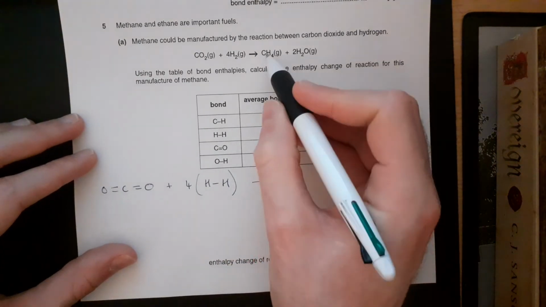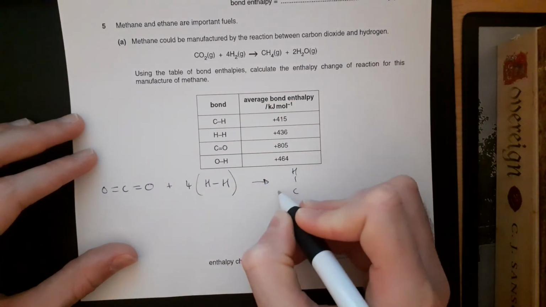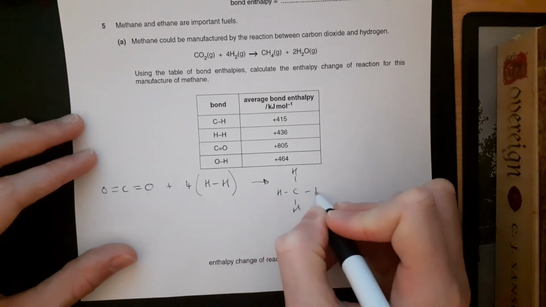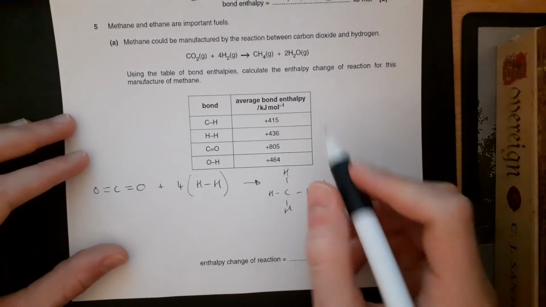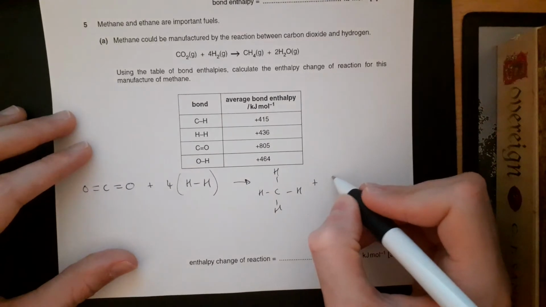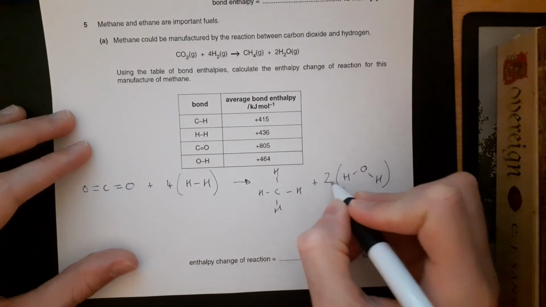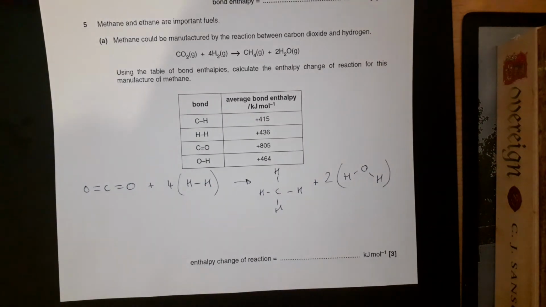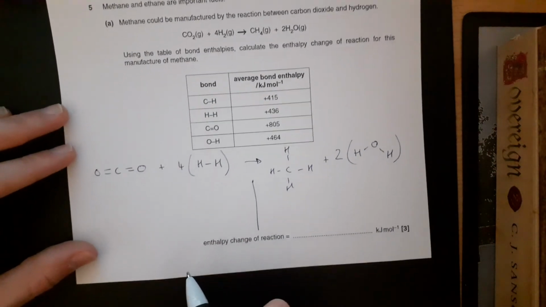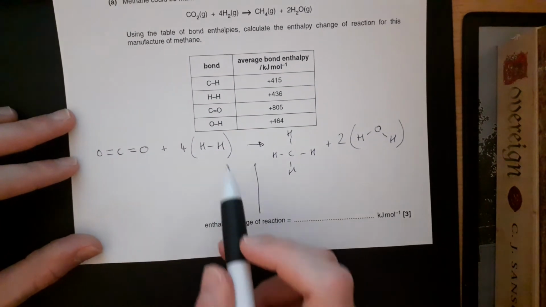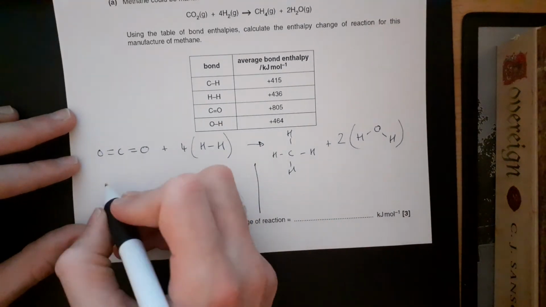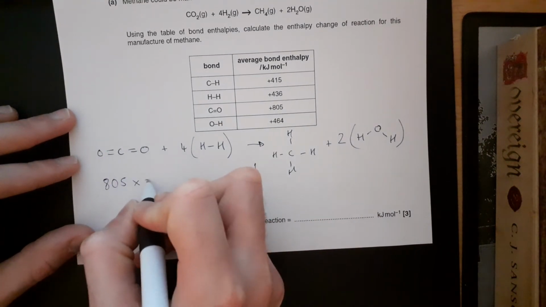Then I'm going to have CH4. It's going to look like this. And then we're going to have 2 H2O. So, okay, so then let's add up the two sides here like we've done before. So we've got the CO bond is 805 times 2.